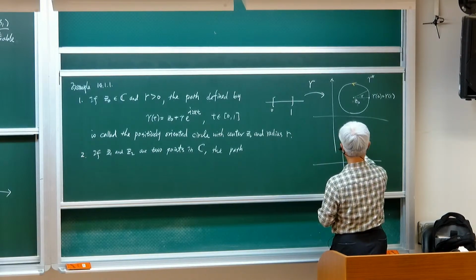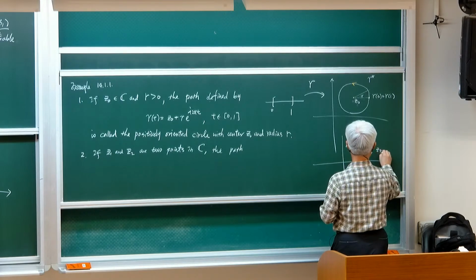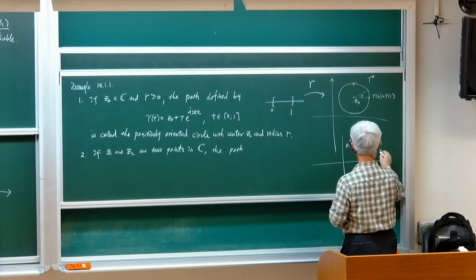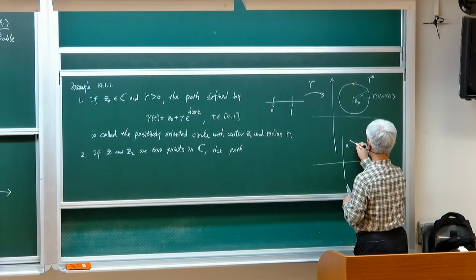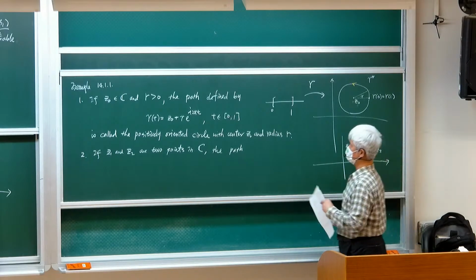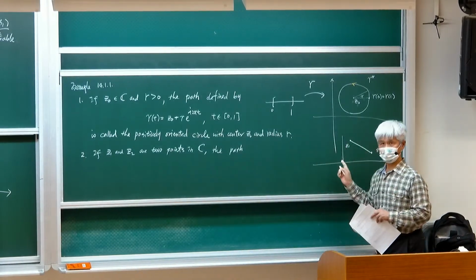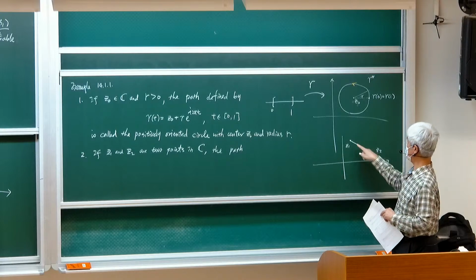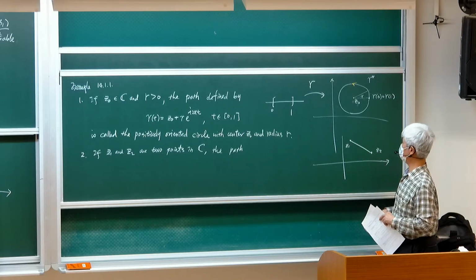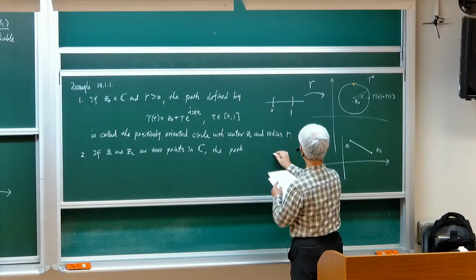Suppose this is Z1 and this is Z2 here. Now this is the line segment. So the path. Now we want to orient this segment.